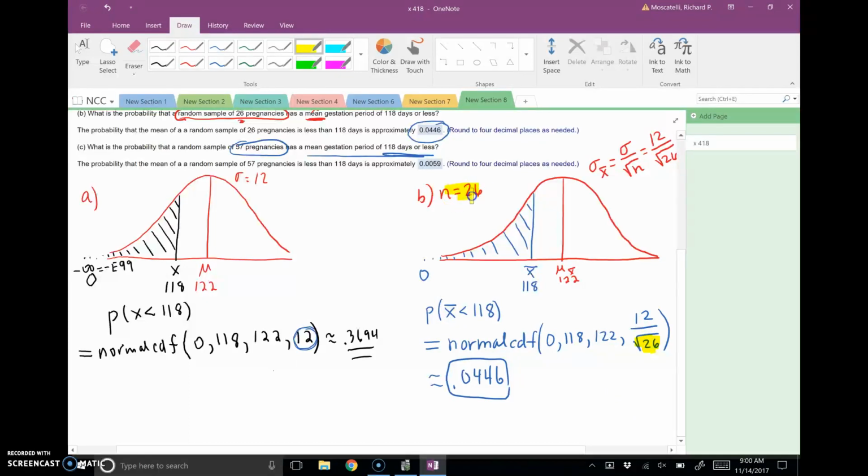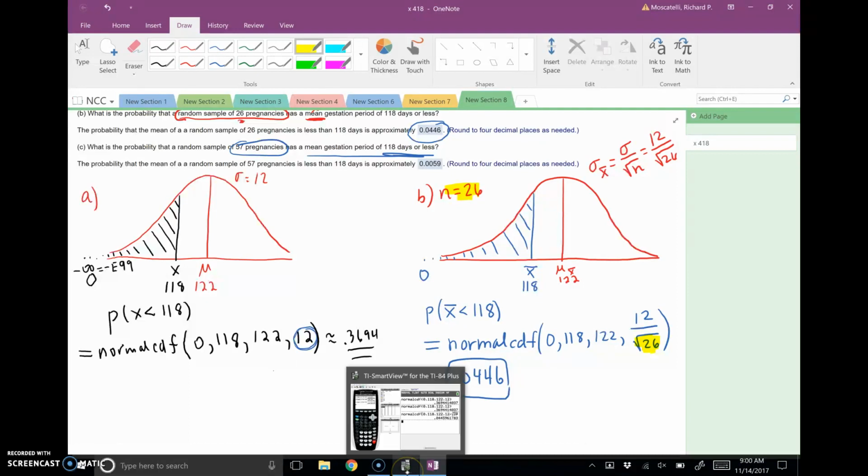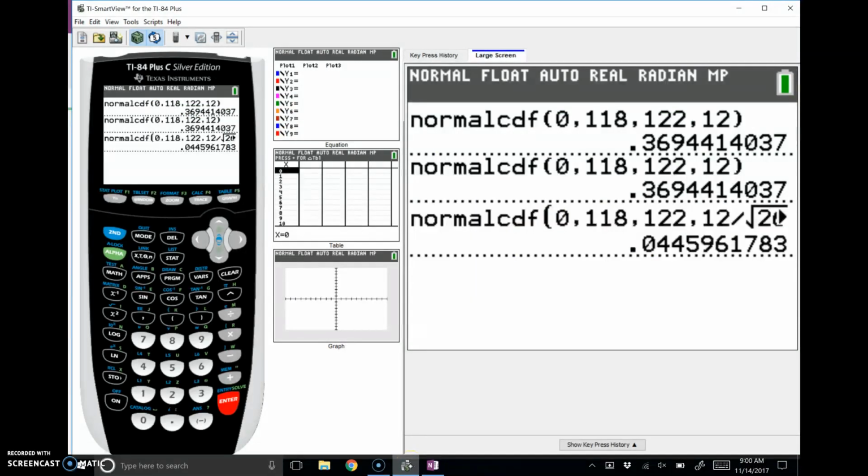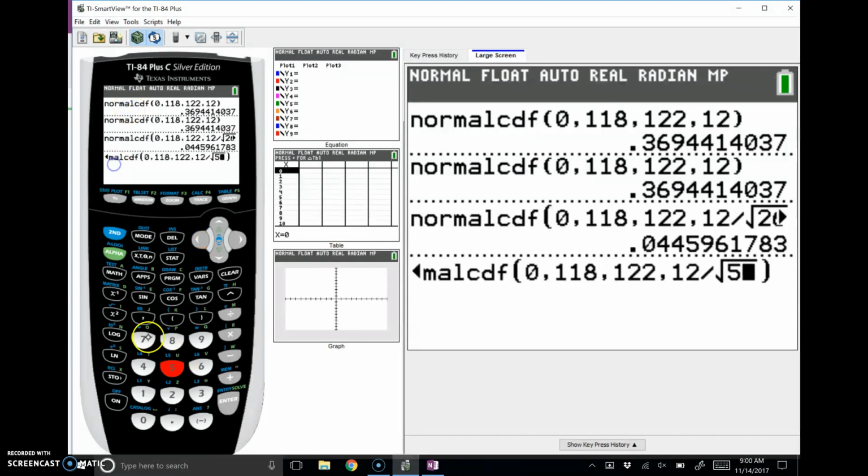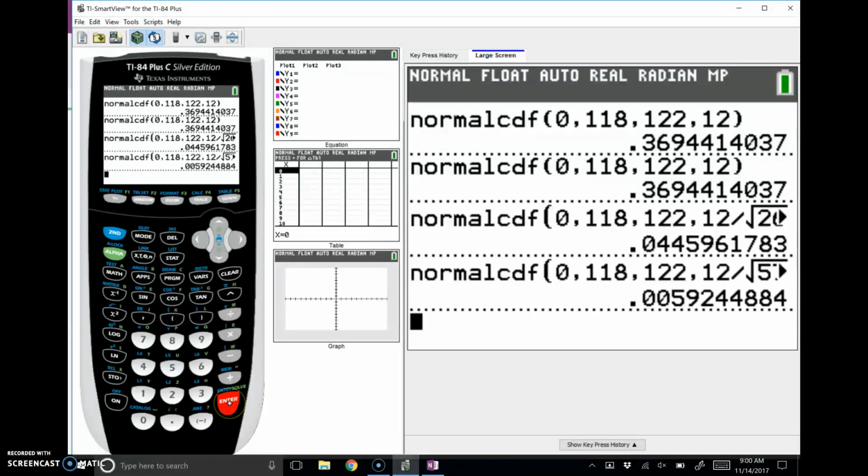So the n for question C changes from 26 to 57. But virtually everything looks the same. So mechanically, it's going to feel the same. So if I go back here and hit second enter and change that 26 to a 57, here's my new probability, 0.0059.